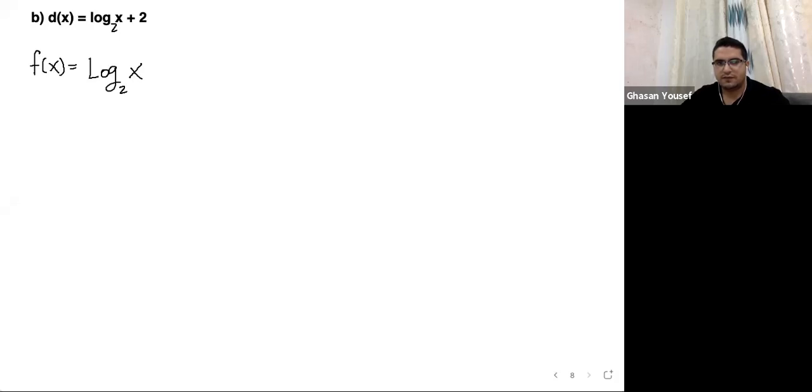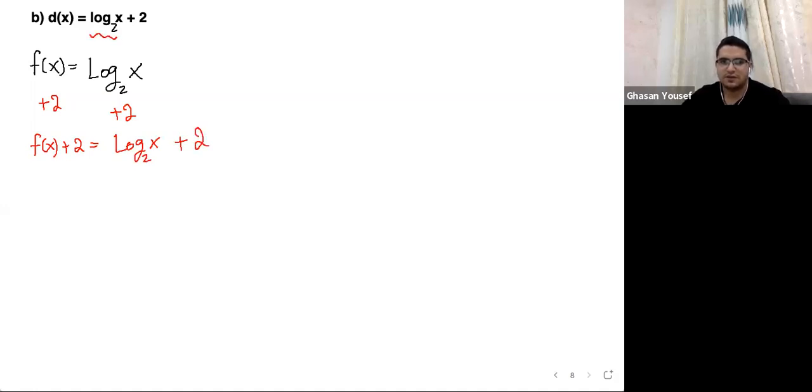If I have 2 for both sides, what will I get here? I'll get f of x plus 2 equal logarithm x to the base 2 plus 2, and this is my d of x.